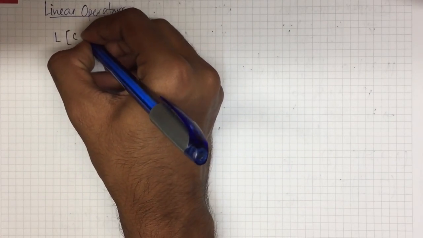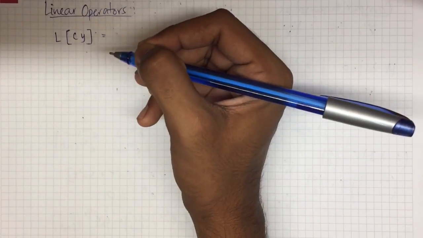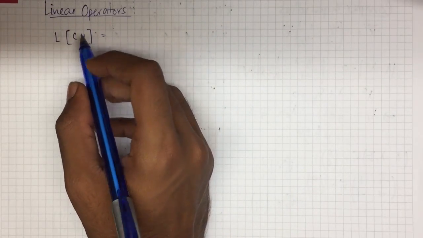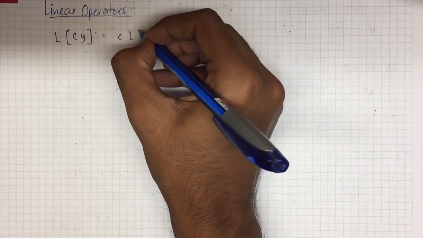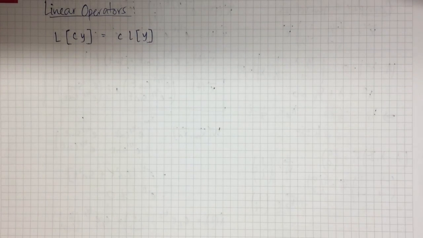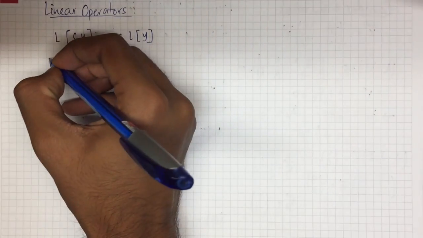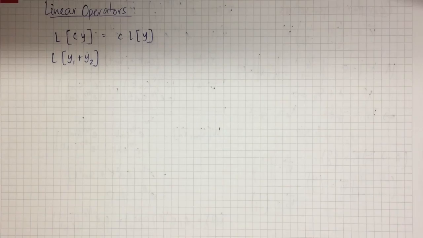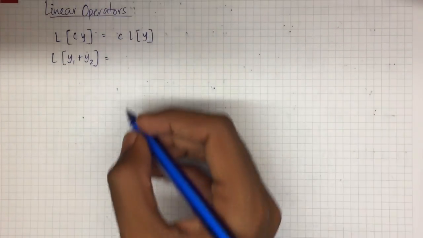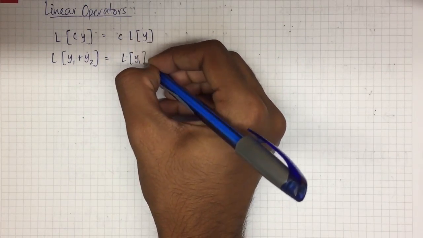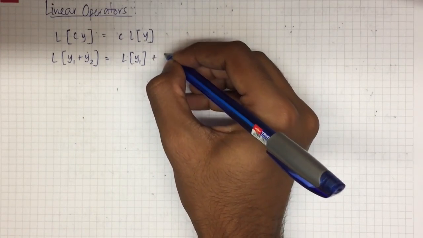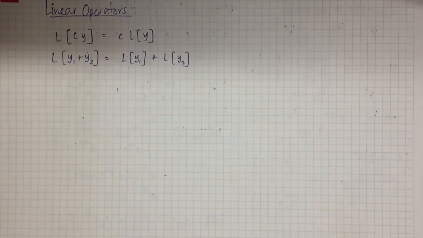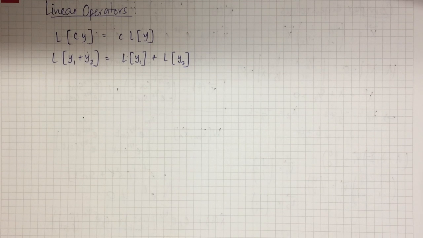So if you're multiplying that by C, then the property says that C can just come out and you can operate y linearly and just multiply it with the constant C. And when you're adding two functions, let's say y1 and y2, then it is just the same as operating the first function y1 and operating the second function y2 and simply just adding them up. So these are the properties for linear operators.